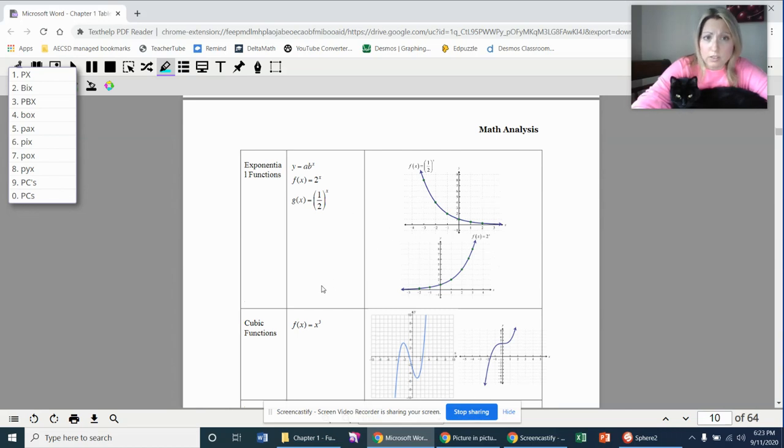Exponential functions. Yeah, I've heard a lot about those lately in all the modeling stuff. Exponential functions are functions that have an extremely rapid increase or decrease. The rapid decrease is typically when you have a number between 0 and 1 as your base, and the rapid increase is when you have a number greater than 1 as your base.